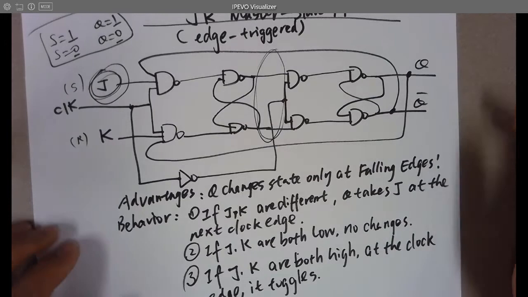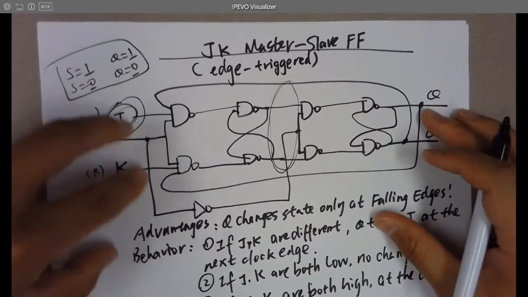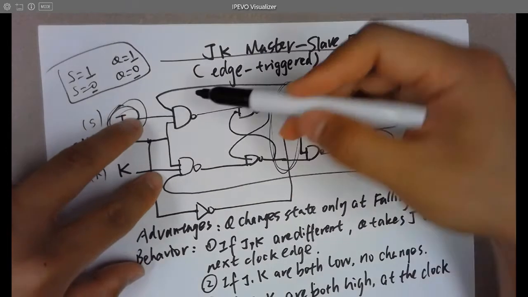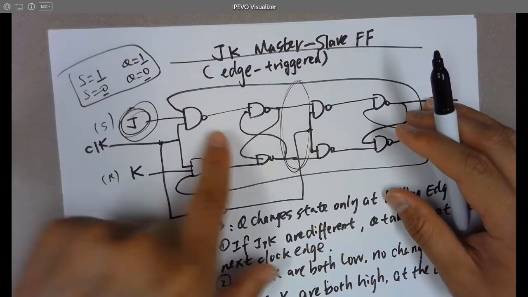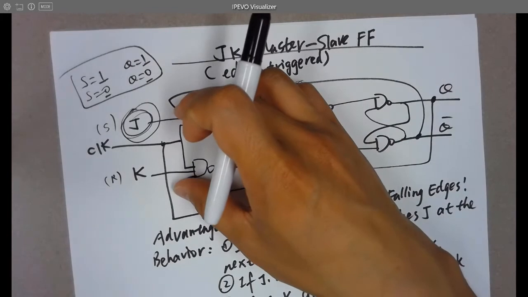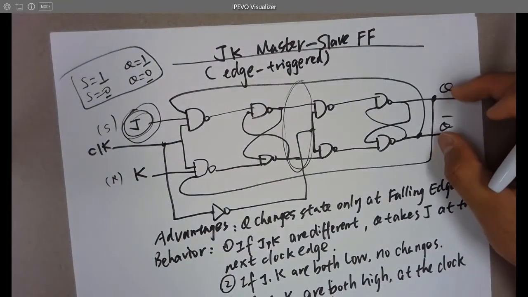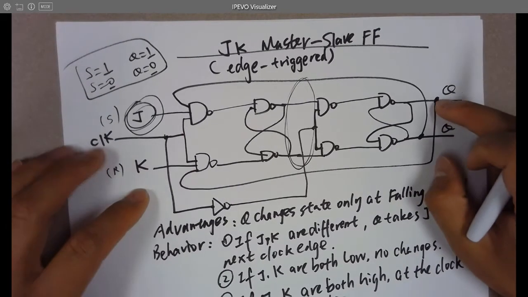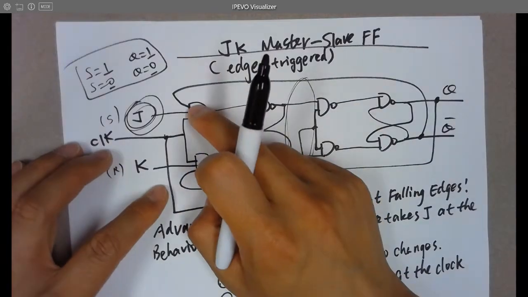Why does it do that? When J and K are both high, whatever is being passed to here, you are passing 1 to here, because it's not affecting the result. You can see that the output from here will be delivered to this part, and this part will be delivered to this part.